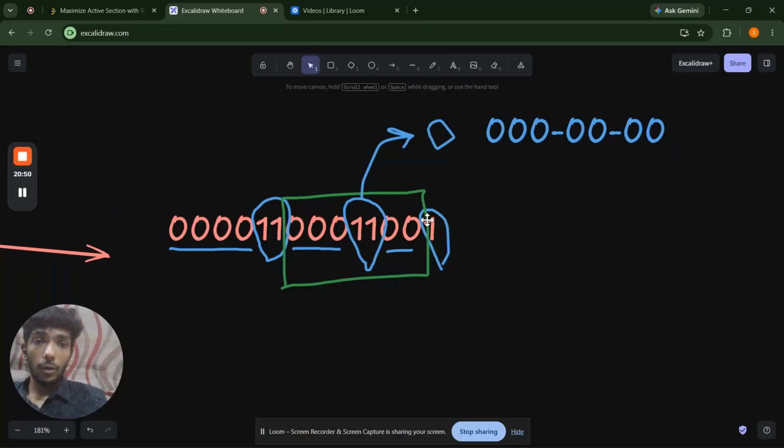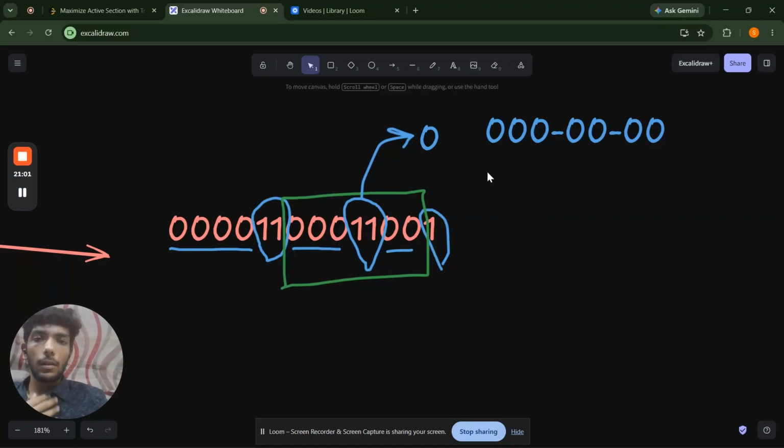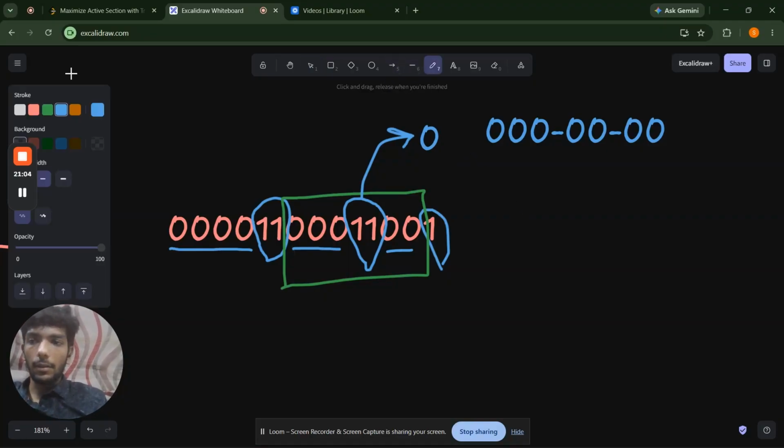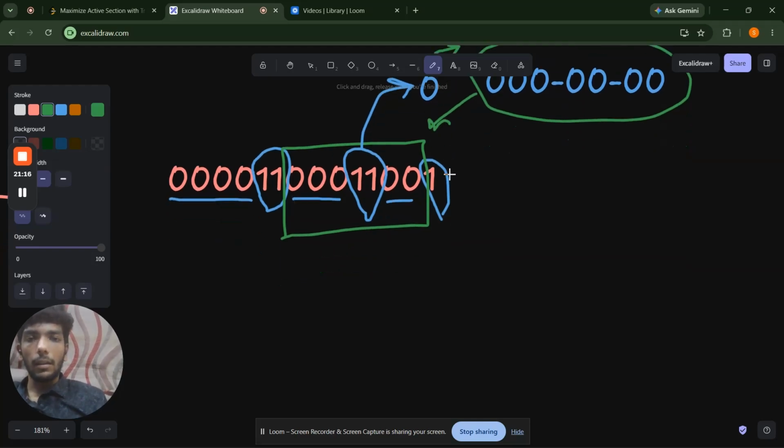So this block was like this. This is not looking proper, so let's make this better. So as a result, we received this, which is nothing but this. And later, what we did was convert that zeros.